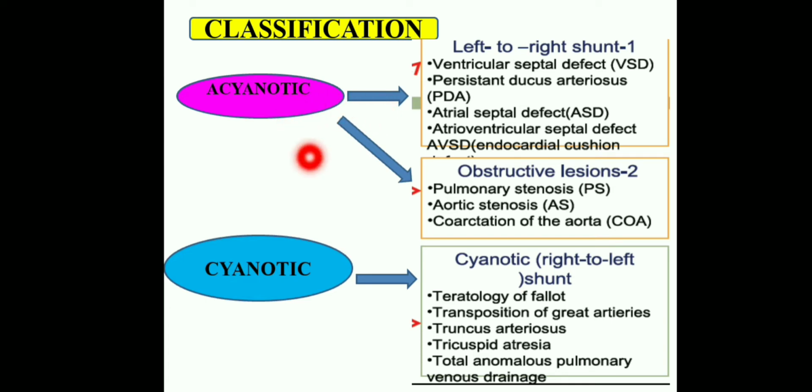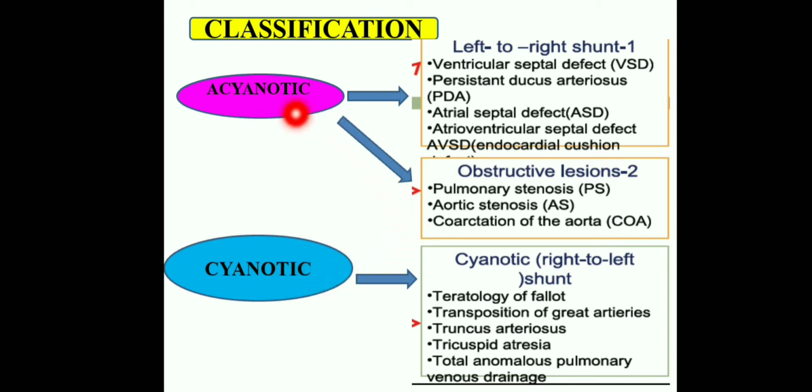In the cyanotic conditions the pulmonary blood flow is decreased, so the child has cyanosis. That is the remembering point: acyanotic means increased pulmonary blood flow, and cyanotic means decreased pulmonary blood flow.